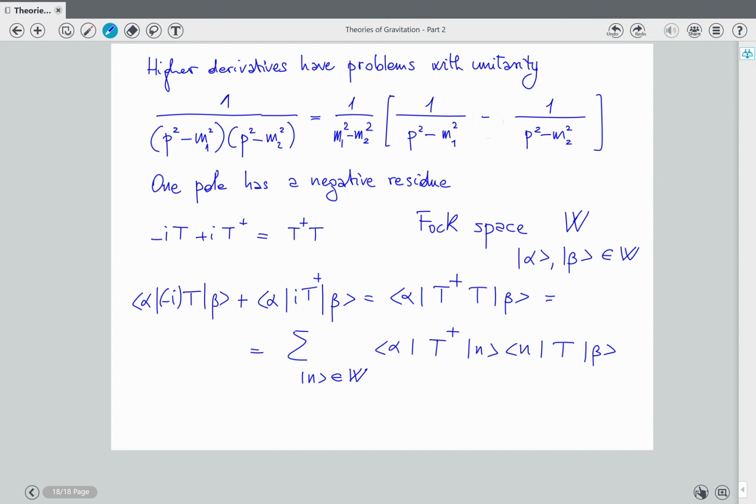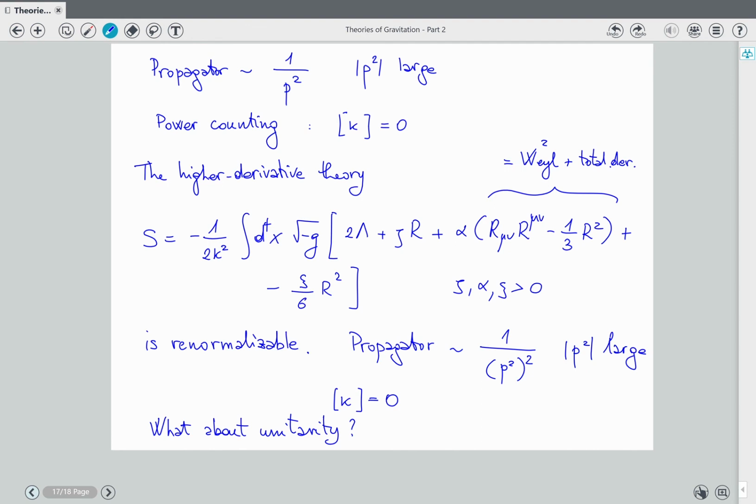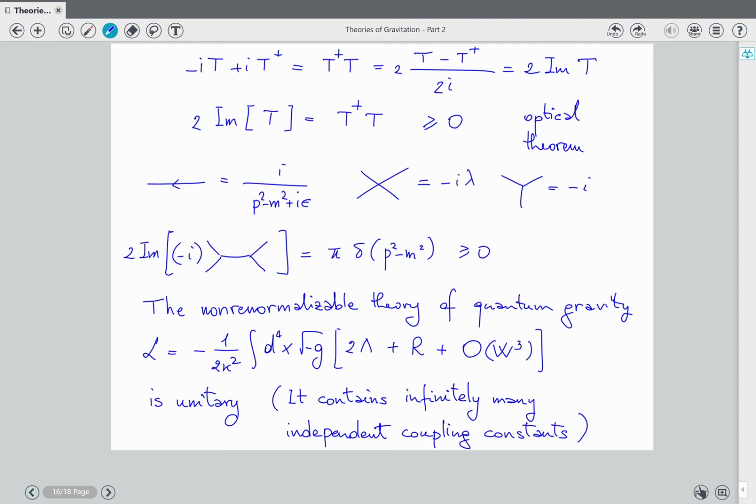These minus signs tell you that in your Fock space you have some in and out states that cannot be consistent with unitarity because, well, there are many examples where you can violate this identity, but the simplest example is this one. You just take that propagator.